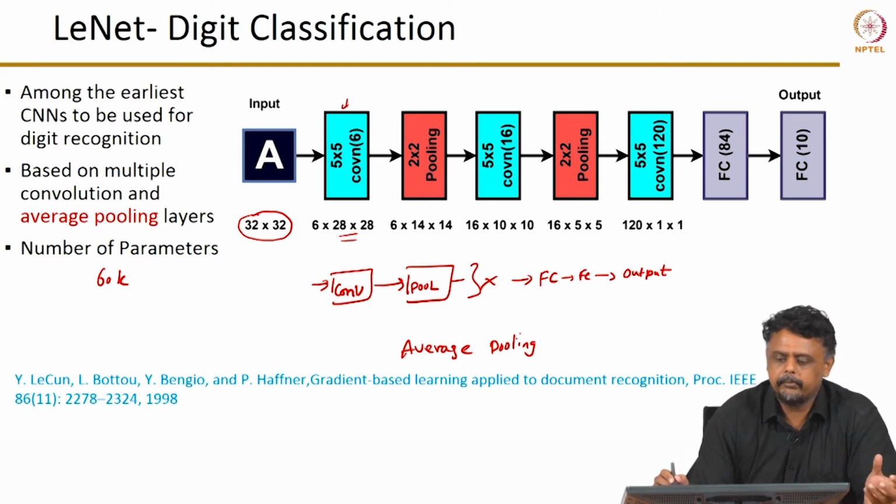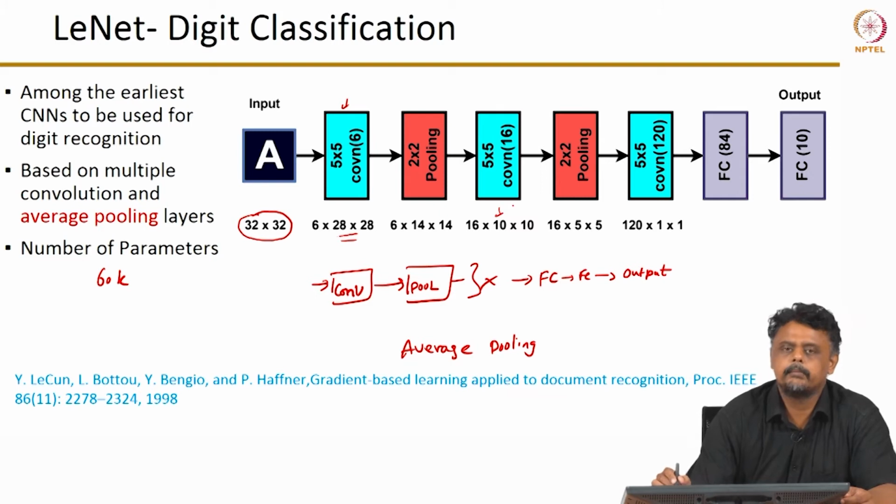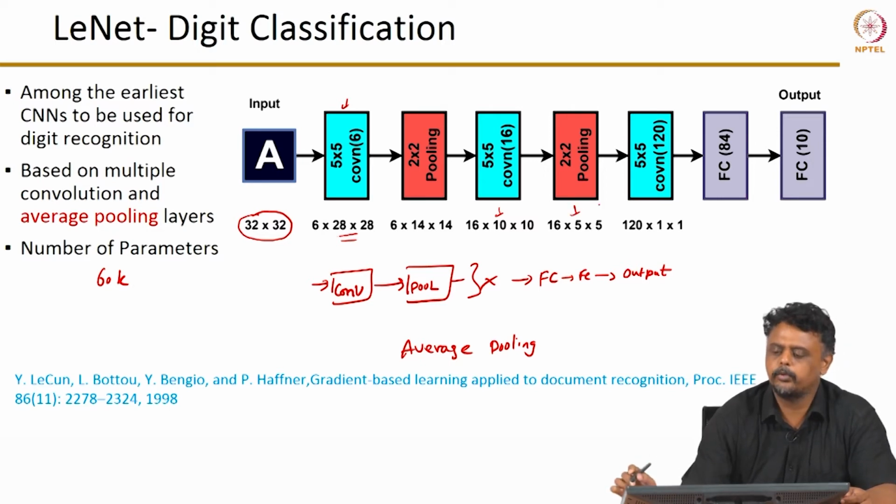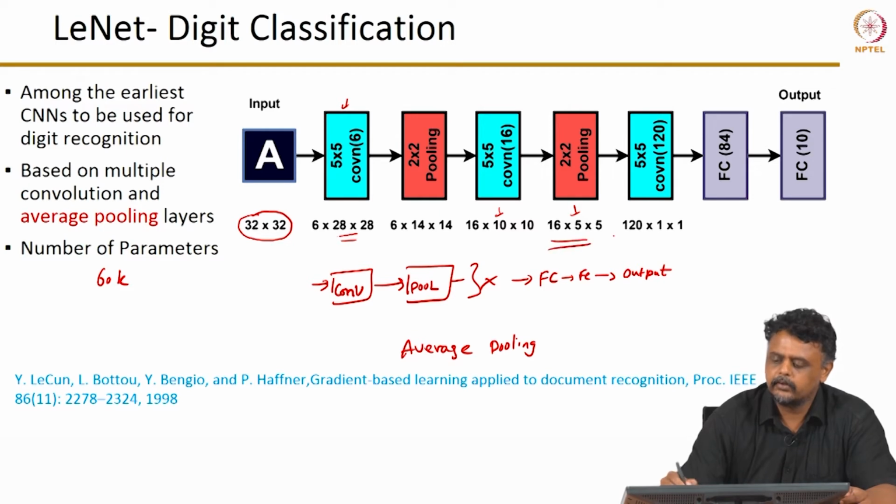The output is the average of the 4 elements in that 2 by 2 area of the filter. Then it is followed by a 5 cross 5 convolution, again no padding, which gives rise to a 10 by 10 output. Then subsequently another convolution and a max pooling, which gives rise to 16 cross 5 cross 5 maps.